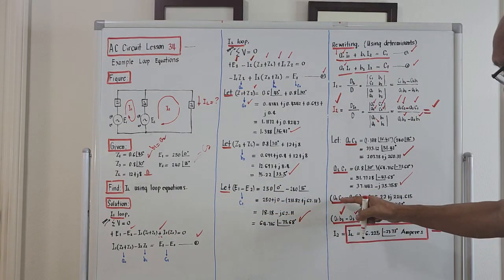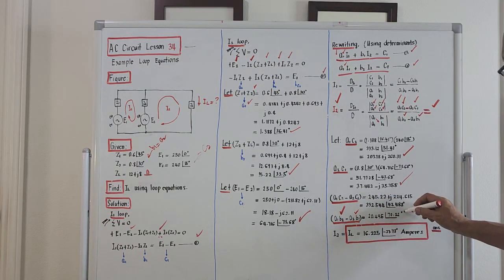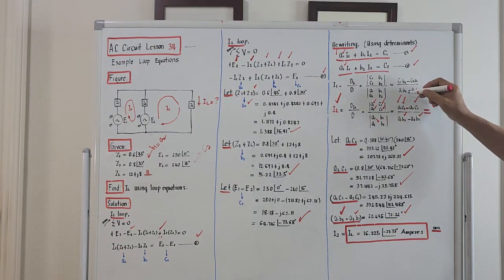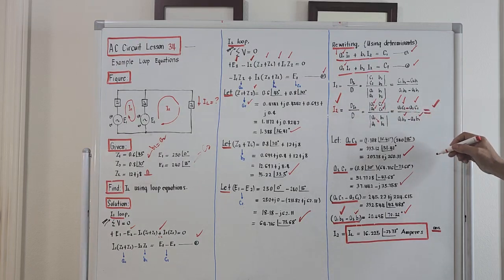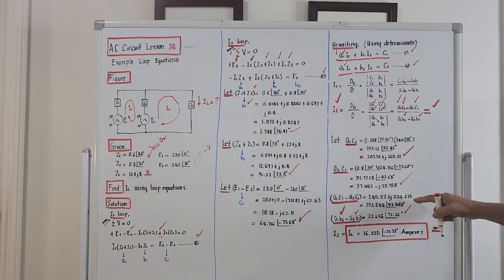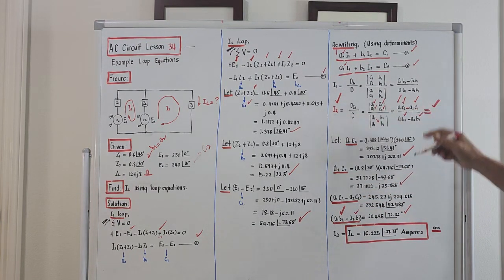The difference of A1B2 minus A2B1 will be 20.495 angle 70.22 degrees. So we now know the value of the numerator. We now know the value of the denominator. In terms of polar, this is the polar equivalent of the difference of the numerator, that is A1C2 minus A2C1.